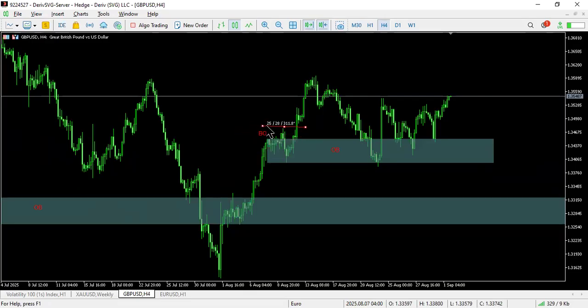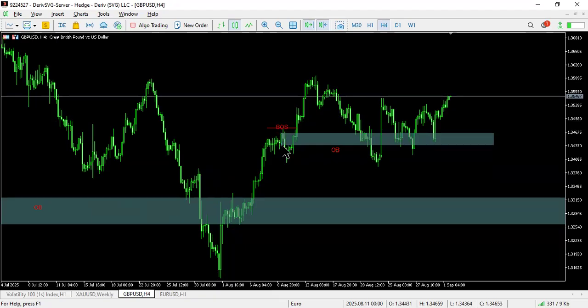So from the 4-hour time frame, you can adjust the order block to the 4-hour time frame, which is right there, where price is currently reacting.